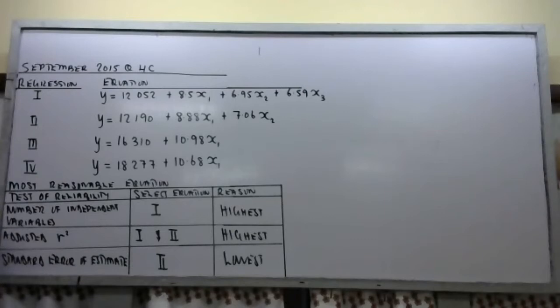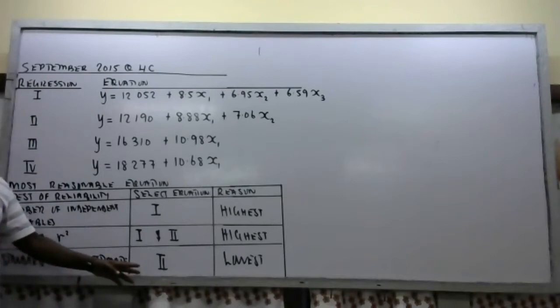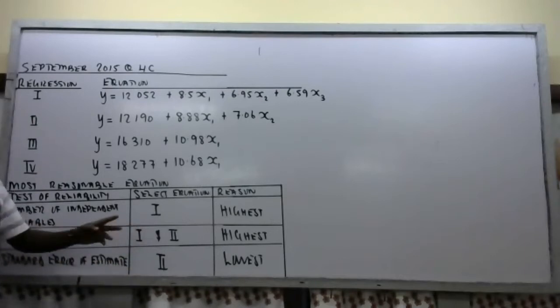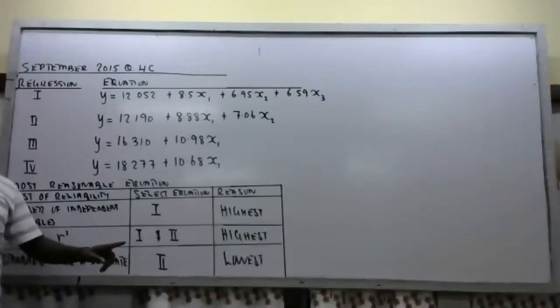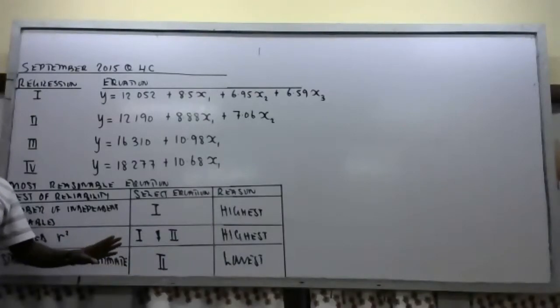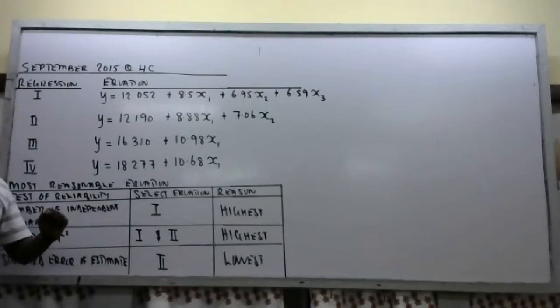So going by these results, equation 1 has scored 2 out of 3. It has scored here and here. Equation 2 has also scored 2, here and here. So they are tied. Each has 2 out of 3. So who do we go for?